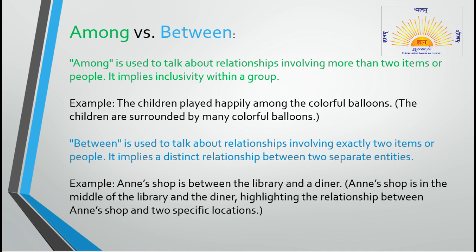It implies inclusivity within a group. Now let's look at the examples. The children played happily among the colorful balloons. The children are surrounded by many colorful balloons. That is why the preposition among is used here.